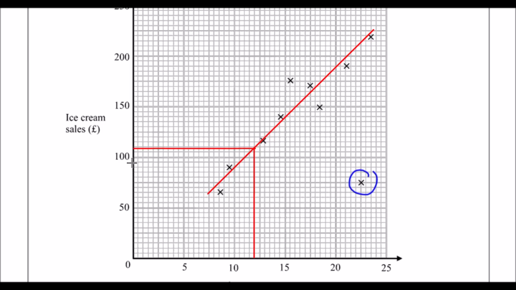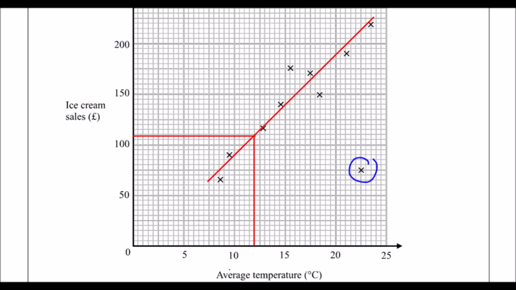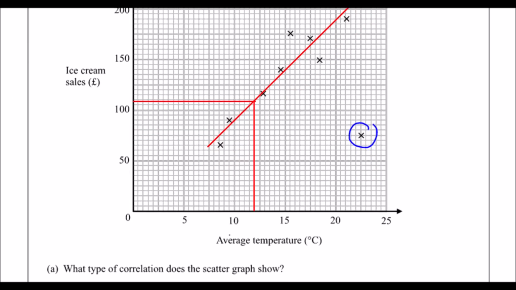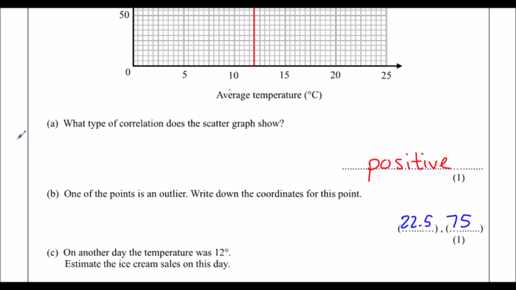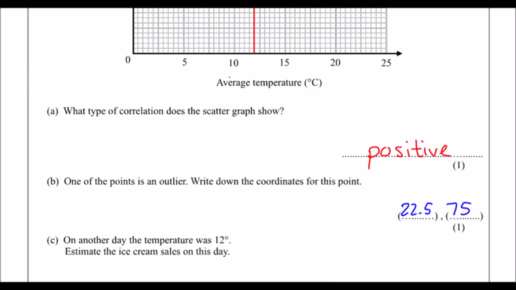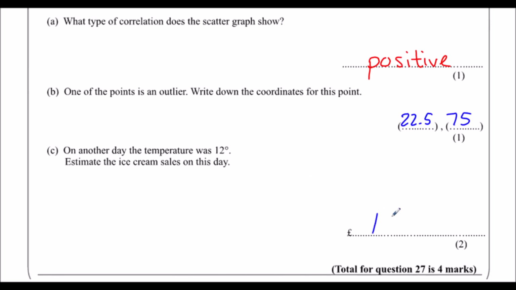And we'll call that 110. So whatever we get from reading off of our line, as long as we've got a good line and we've read off it correctly, the answer should be fine. So just under 110 is what I've got from my graph.